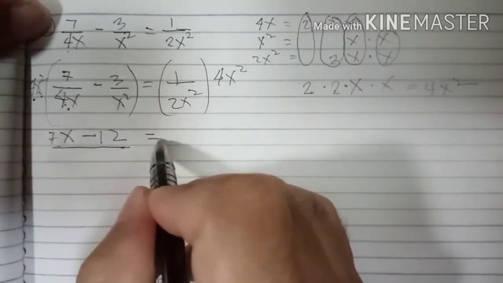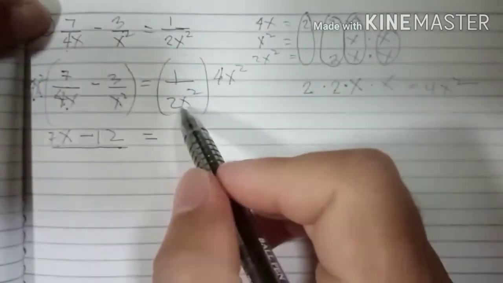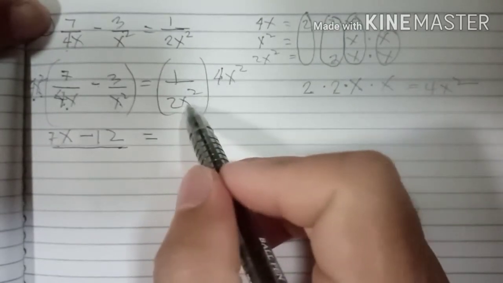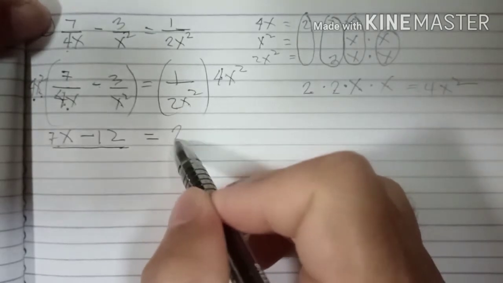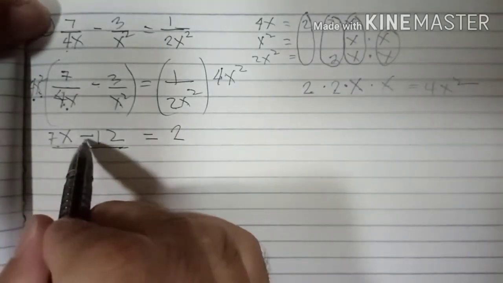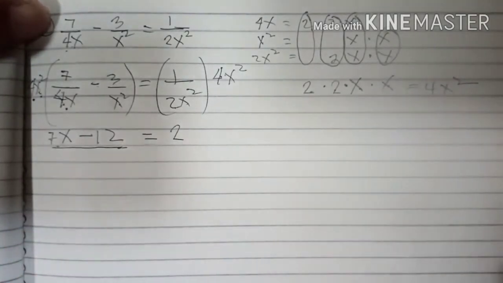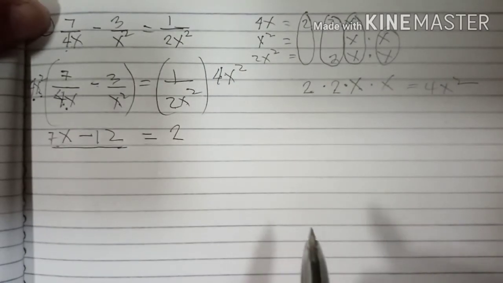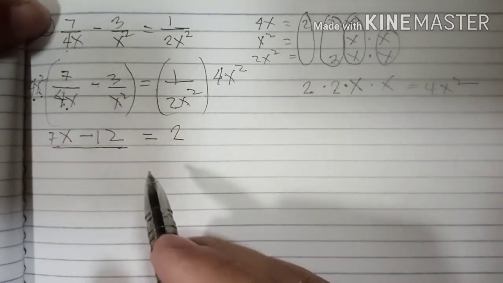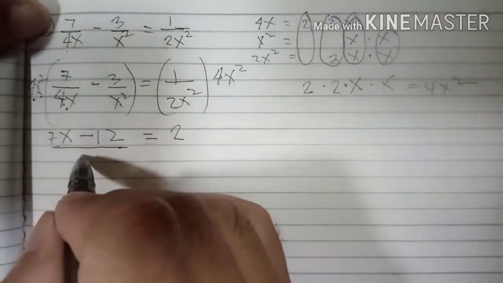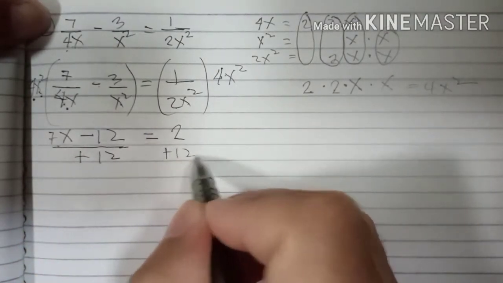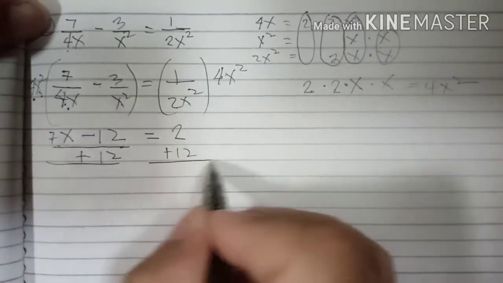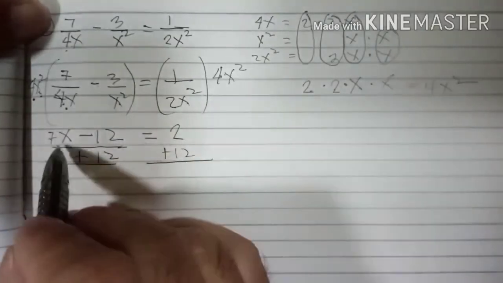This is equal to 4x² divided by 2x². So x² divided by x² is 1, 4 divided by 2 is 2, times 1, that's 2. So we have 7x - 12 = 2. By the addition property of equality, add positive 12 on the left side and positive 12 also on the right side to isolate 7x.